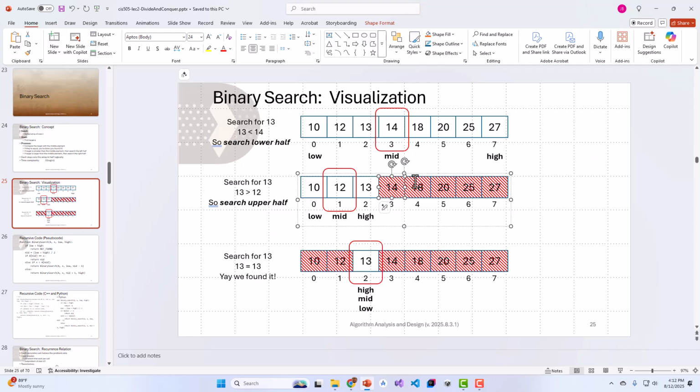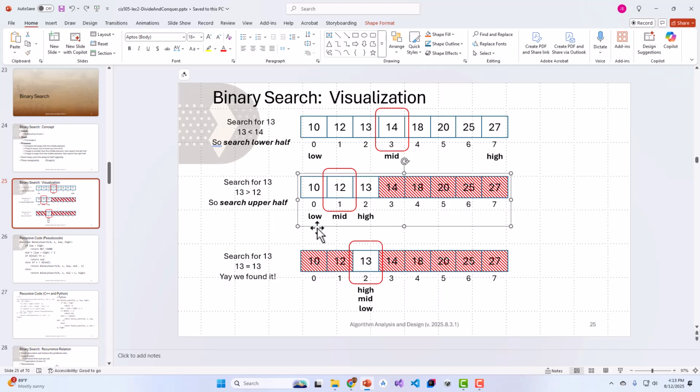We find the midpoint recursively of this new part of the array that we're focused in on. There's 3 elements, so the one in the middle is our 12 here. And since 13, the target, is greater than 12, we search the upper half. So then what you do, you can eliminate, you already had the 14, 18, 20, 25, 27 eliminated.